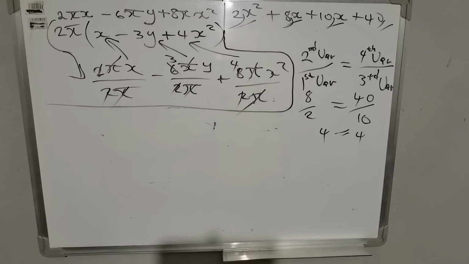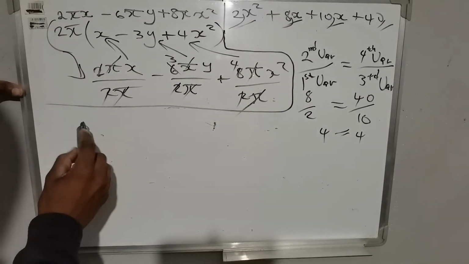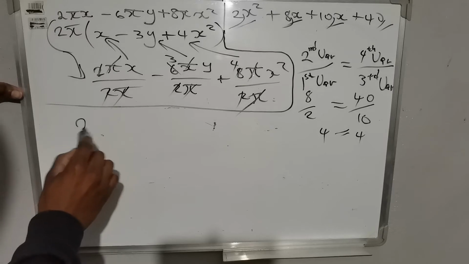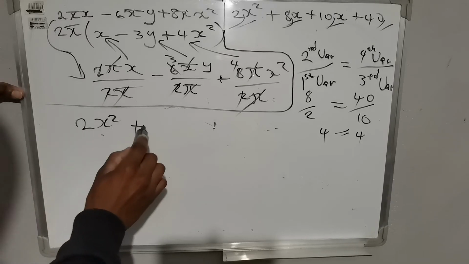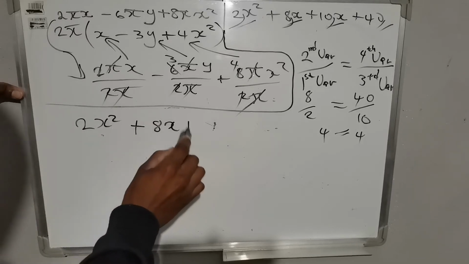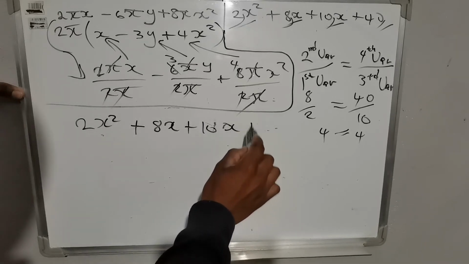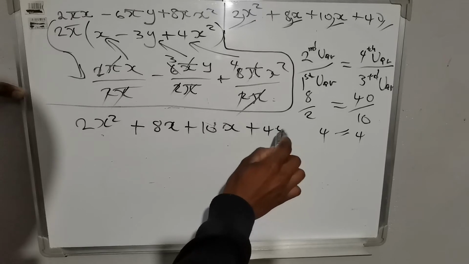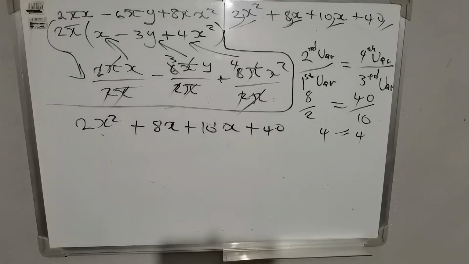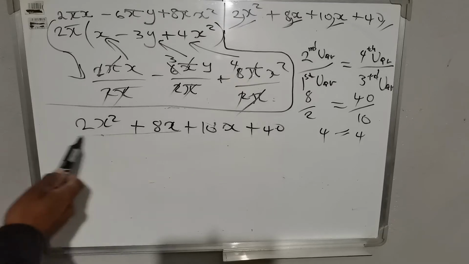Find another method of solving that equation. So we're saying on this one, which is 2x squared plus 8x plus 10x plus 40, grouping will work. Okay. Let's take out the greatest common factor on this.